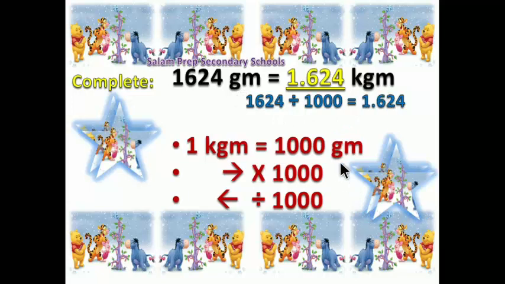To convert from grams to kilograms, we divide by 1000. 1624 divided by 1000 equal 1.624.